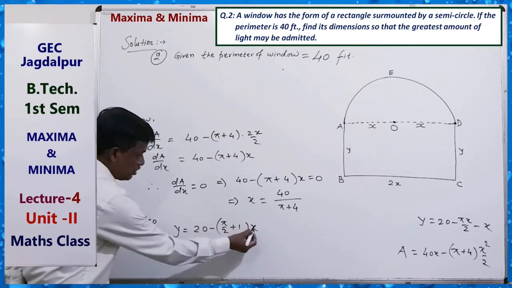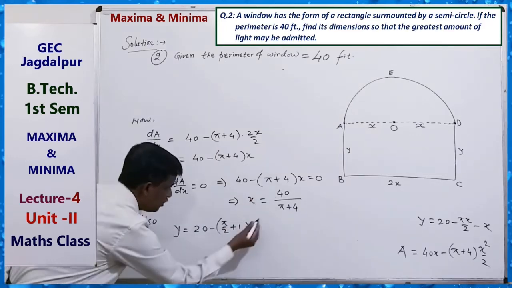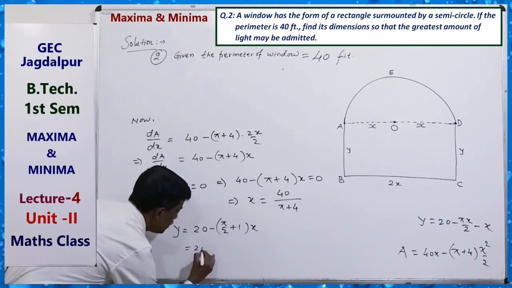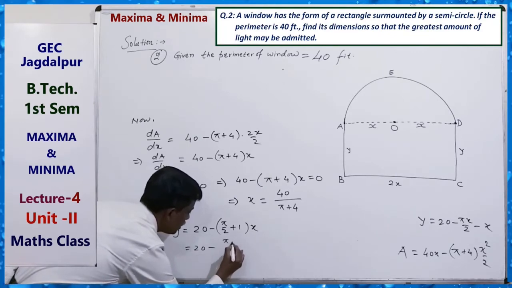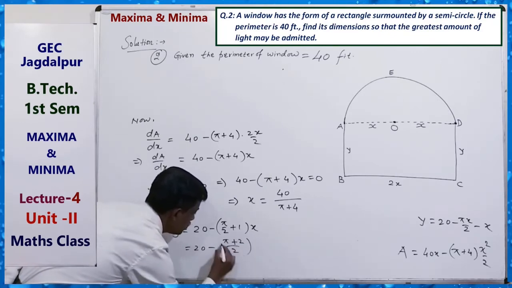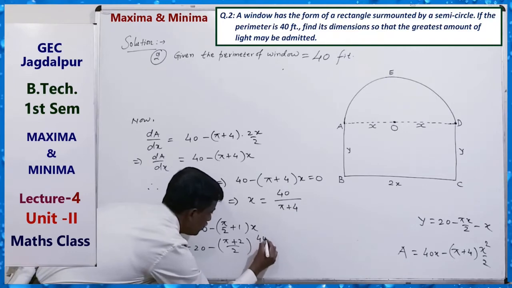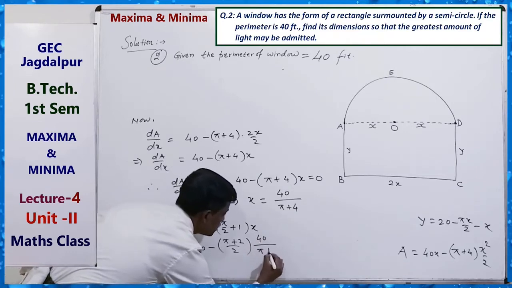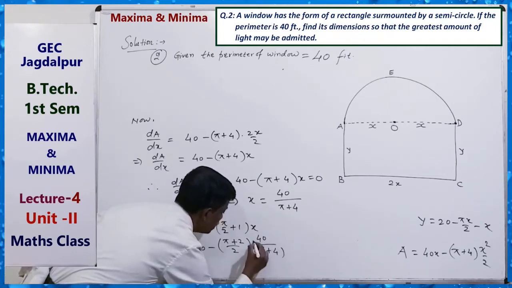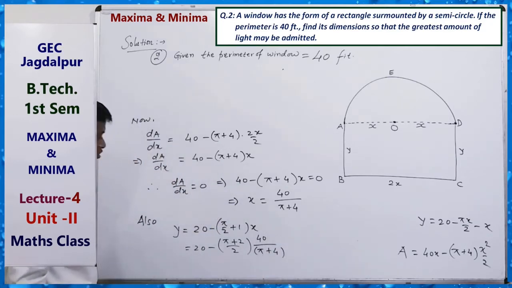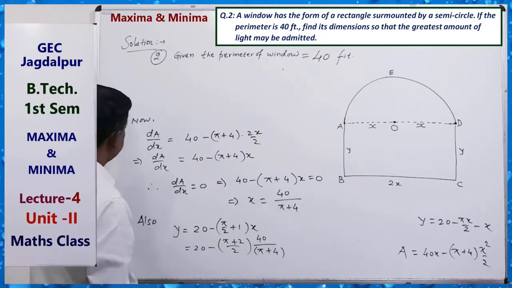And here put x equals 40 upon pi plus 4. Okay, now it can be solved.